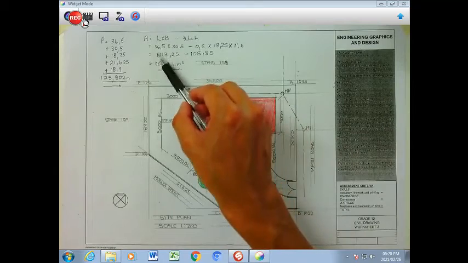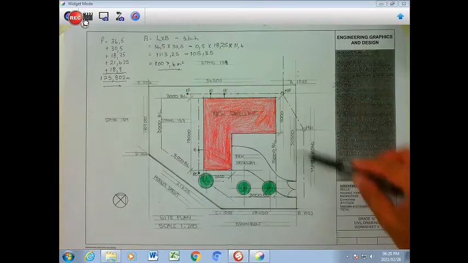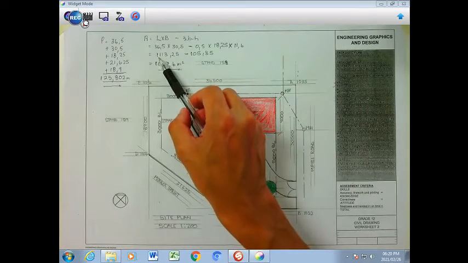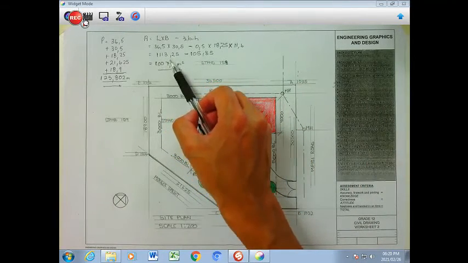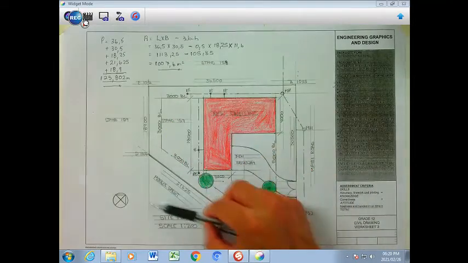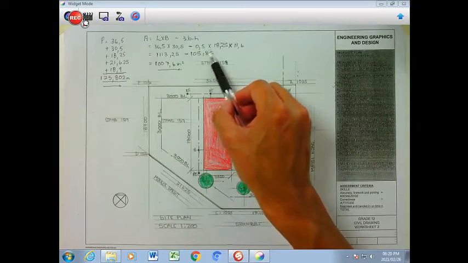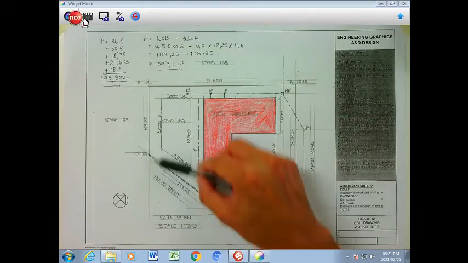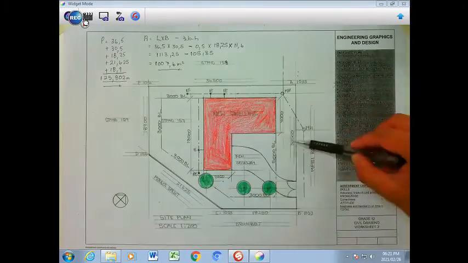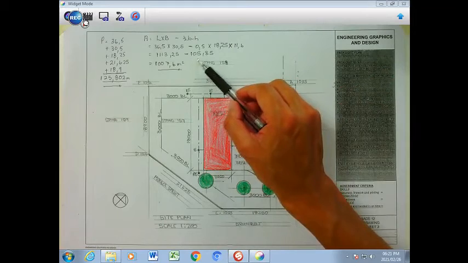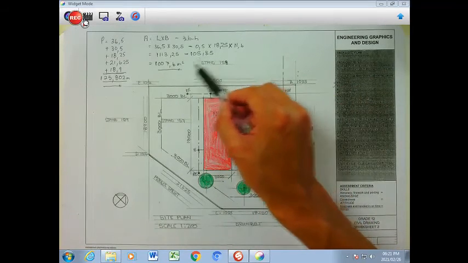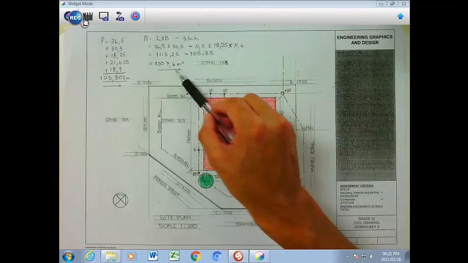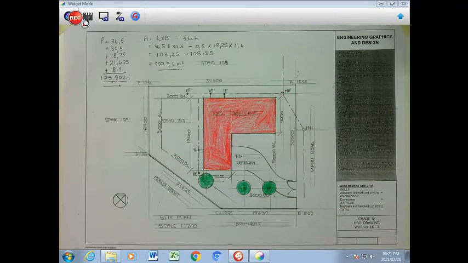So we say length times breadth, and we take 36.5 times this side here, which is 30.5, and we get 1113.25 minus this part here, which is half base times height, 0.5 times 18.25, which is this distance here, and 11.6, which is this distance here, and that gives you 105.85, and then minus this one from that one, that would give you 1007.4 meters square.